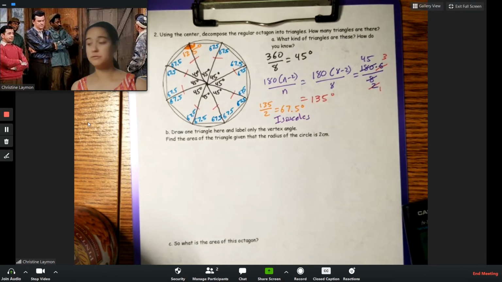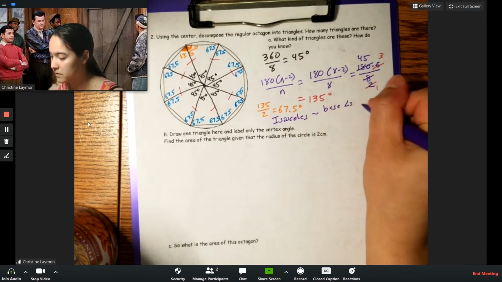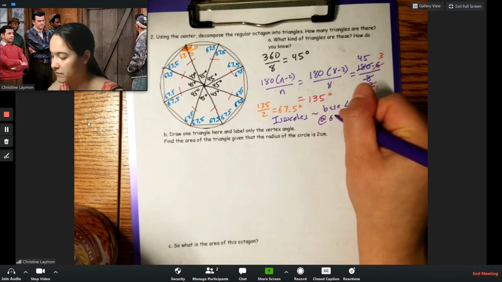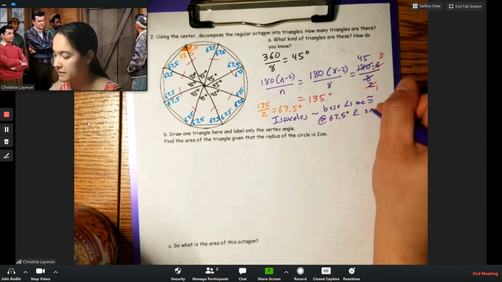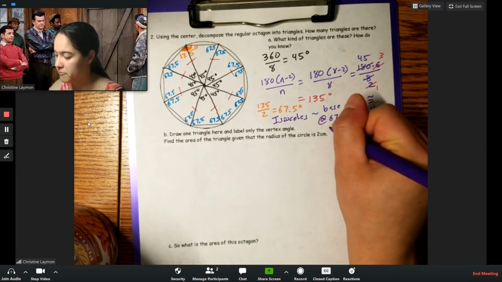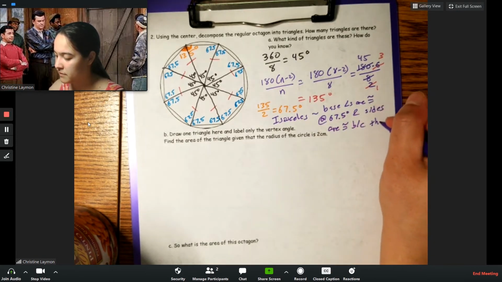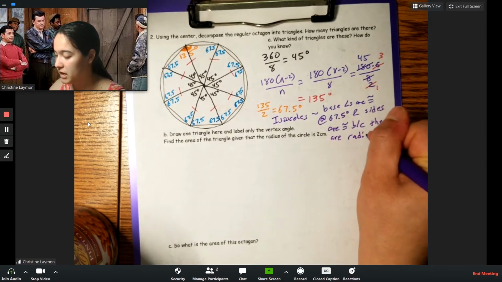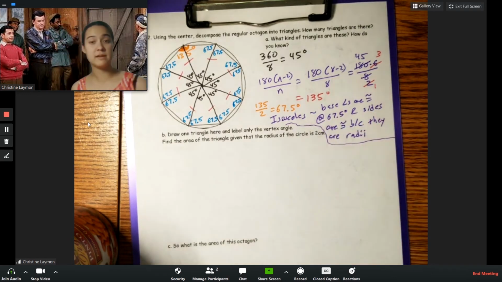And how do we know? Well, base angles are congruent at 67.5 degrees, and sides are congruent. And that's because they are radii. So notice that when we are doing this, let me kind of separate this here, and I took up more space than I thought.